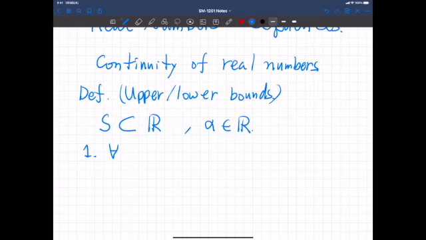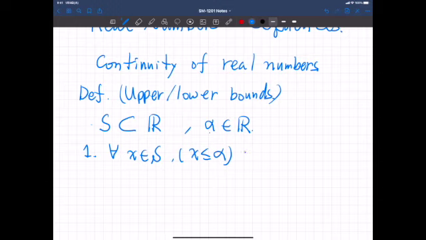for all x in S, so for any element in S, x is less than or equal to alpha. So this alpha is a given value of a real number.